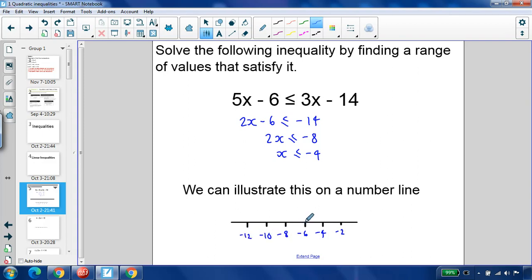And I'm going to have a dot above the minus 4, and it's going to be a closed dot to show that the minus 4 is included in the inequality. So we use a closed dot when we have greater than or equal to signs or less than or equal to signs. Then I'm going to have a line with an arrow to show that x can be any value from minus 4 all the way to negative infinity.